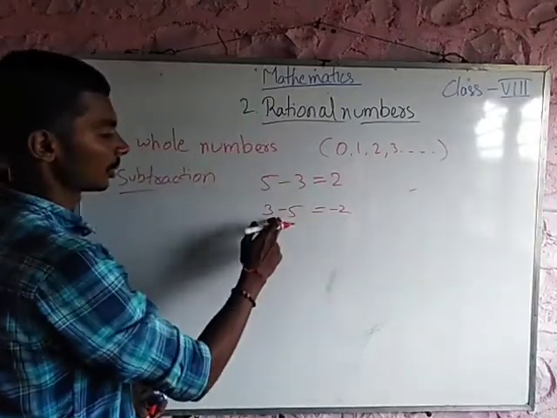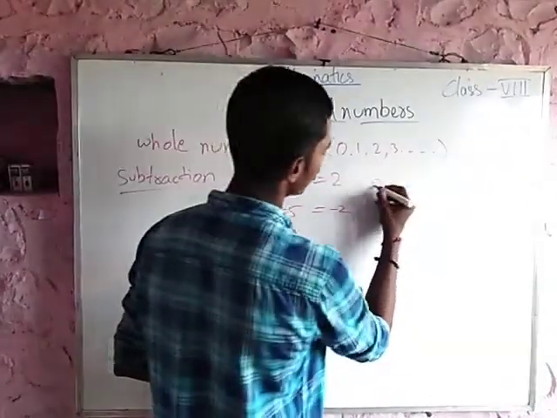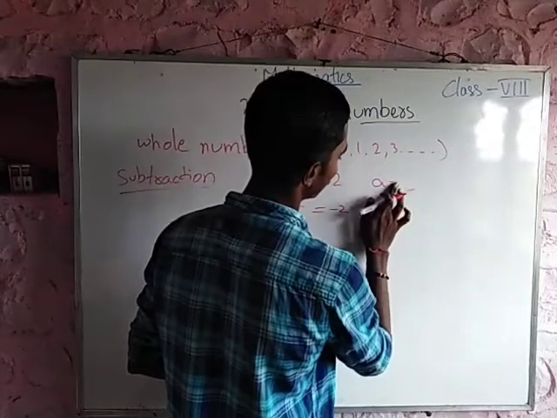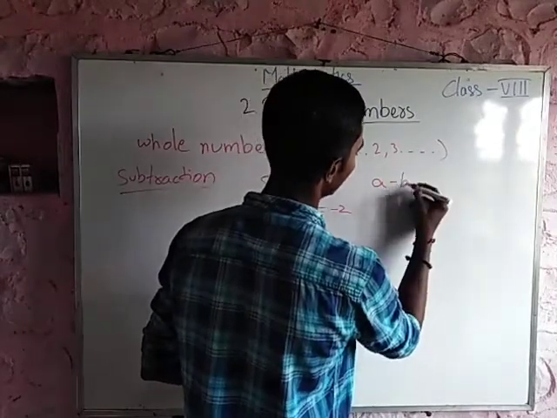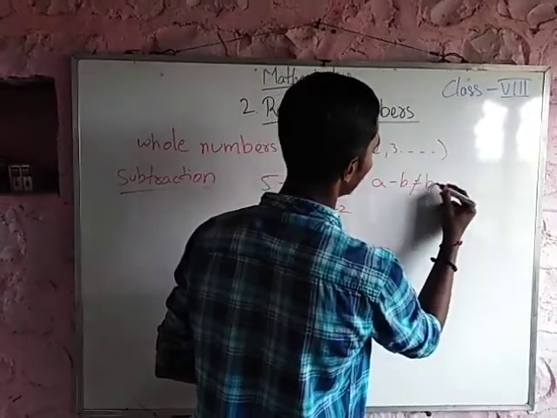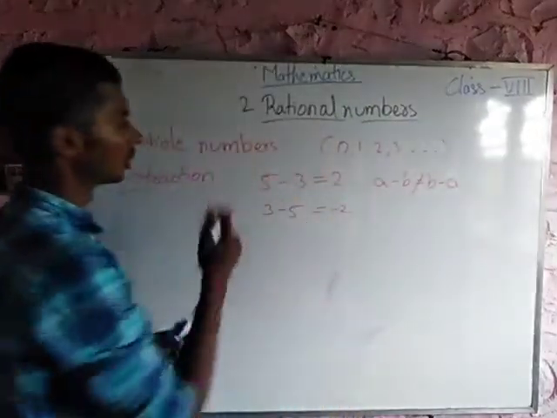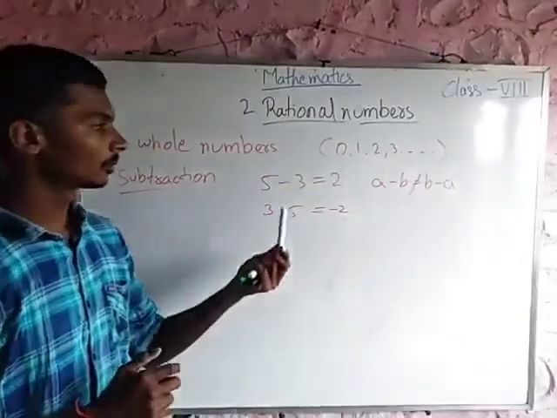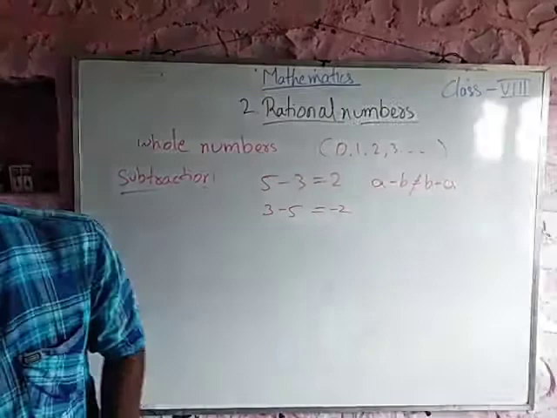See, this is not equal to this. So a minus b is not equal to b minus a. So whole numbers are not commutative under subtraction.